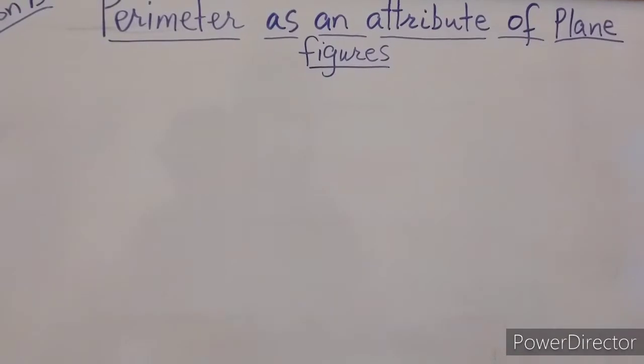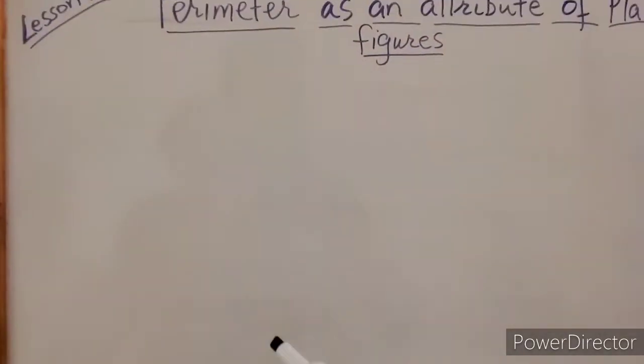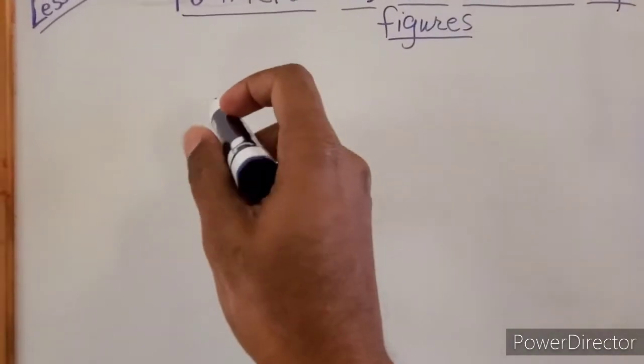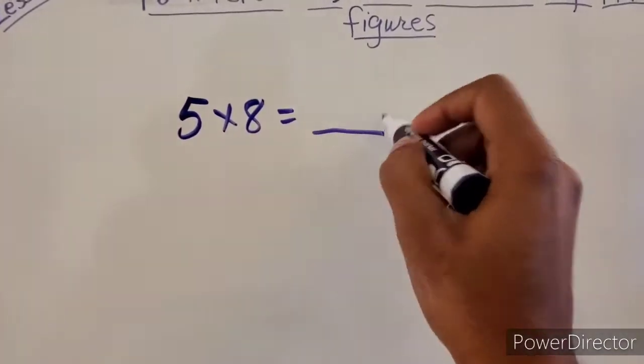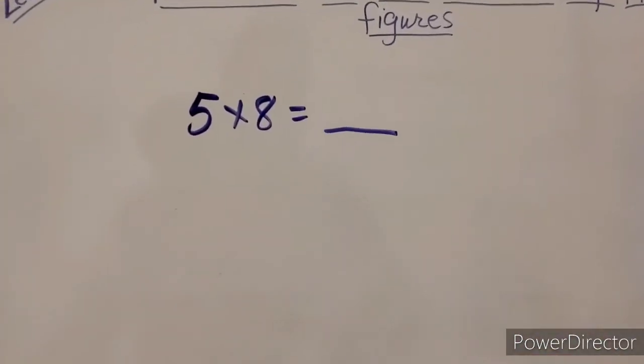All right, now let's go through multiplying by 8. We can practice multiplying by 8 with the fluency part of this lesson. So you can write on your paper 5 times 8 equals blank. And what is 5 times 8?